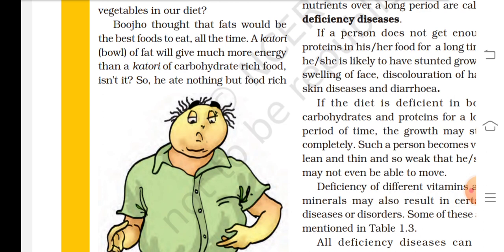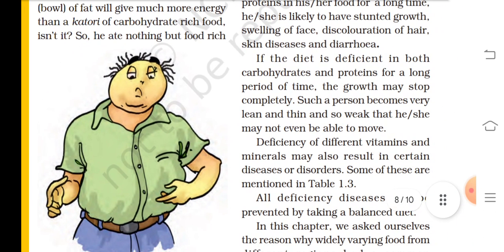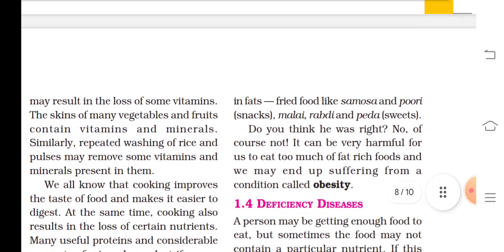Bojo thought that fats would be the best food to eat all the time. A katori of fat will give much more energy than a katori of carbohydrate-rich food, is it not? So he ate nothing but fat-rich food.